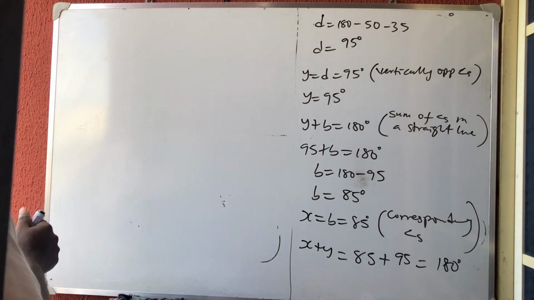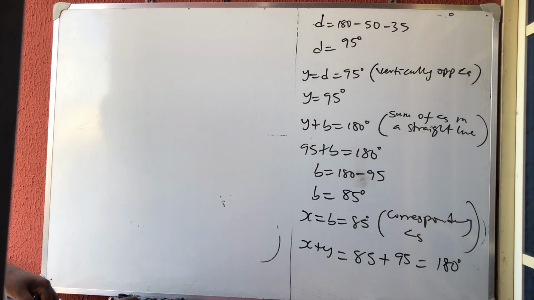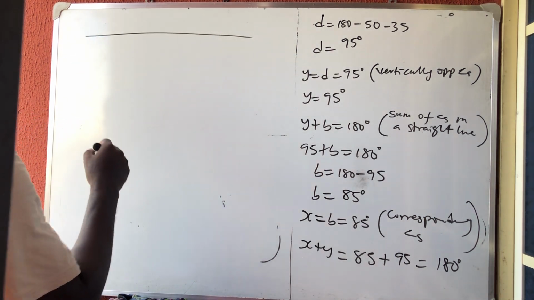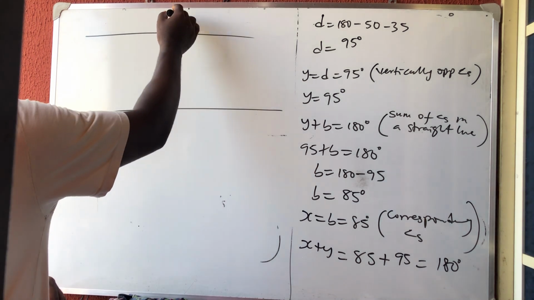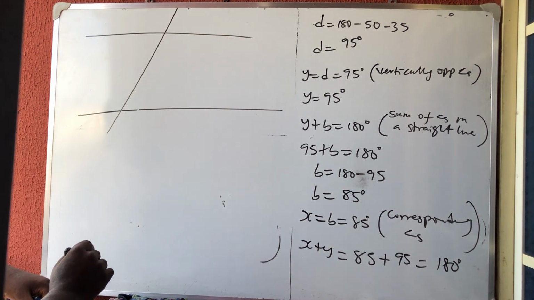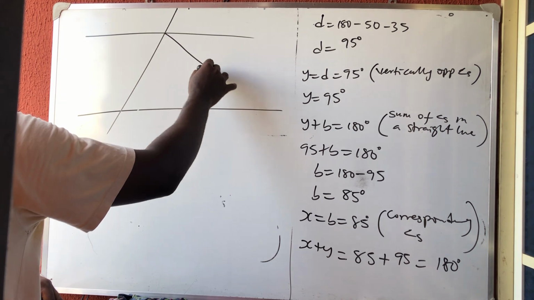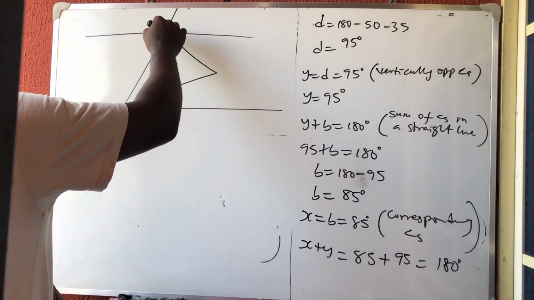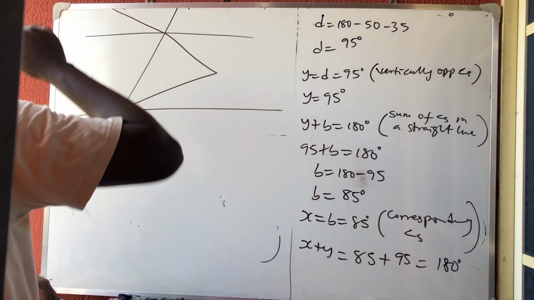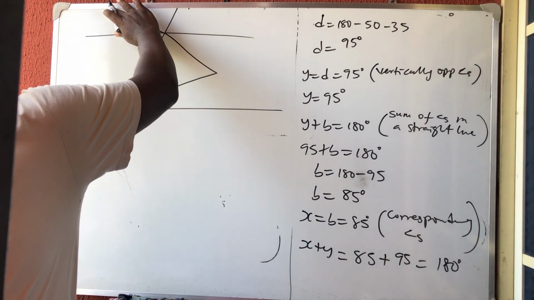And the question here, they gave me two parallel lines, and a transversal line, and a triangle, and this one is a straight line like this.